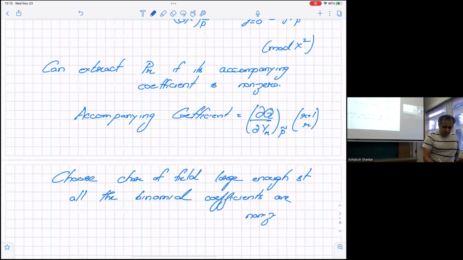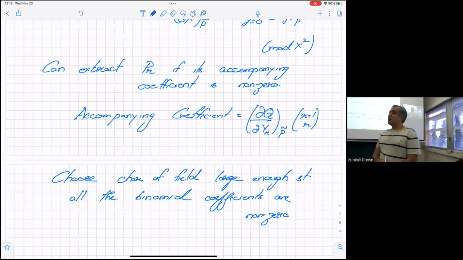The lower bound is on D, not only on S: the prime has to be bigger than D plus R.